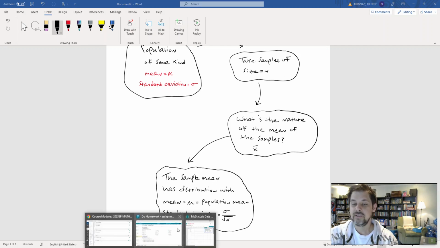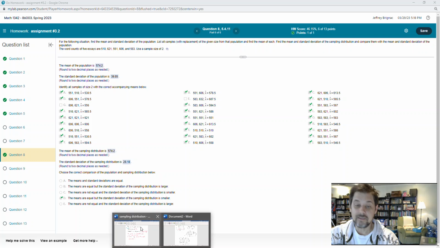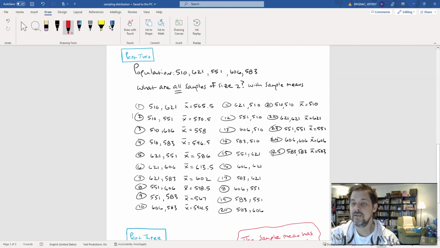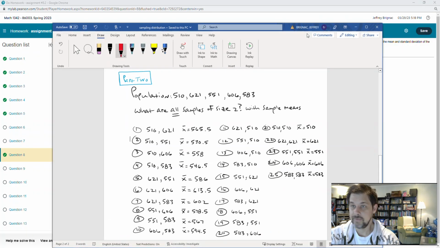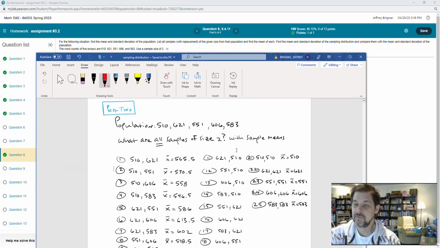I wanted a question where you put your hands on that, with samples of size 2 in this case and the mean of each sample below. I worked this the same way I'd have you do it, and I admit it's a little bit tedious, but when you do math and technical things, sometimes it gets a little bit tedious. That's the way it is.